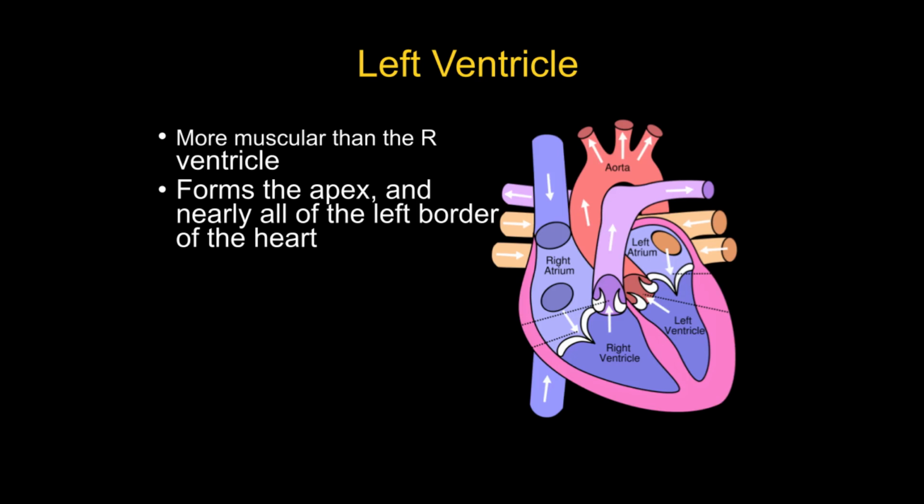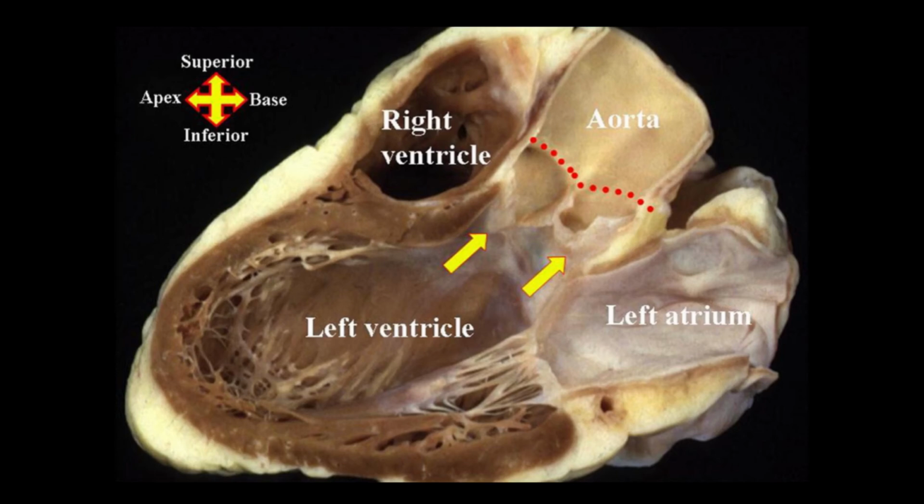So the outline of the left side of the heart is mainly from the left ventricle and contributes to the apex, just as the right ventricle contributes to the apex. So here we have a cut section of the left ventricle with a bit of the right ventricle up there. Same structure, you have tendons connecting to the cusps, and you have muscles there, and you have a very meaty looking wall.